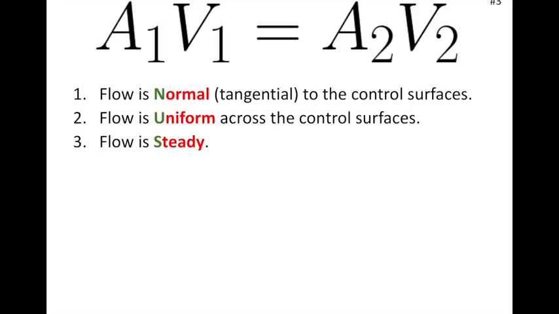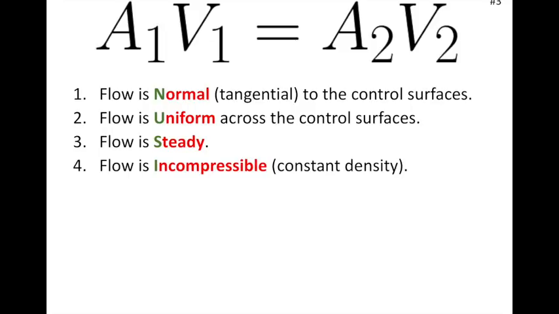So the flow must be steady. We don't see density in this relationship, so we must have constant density throughout the system in order to use this form of the equation. And we have this A1 V1 equals A2 V2, which implies that we must only have one inlet and one outlet.